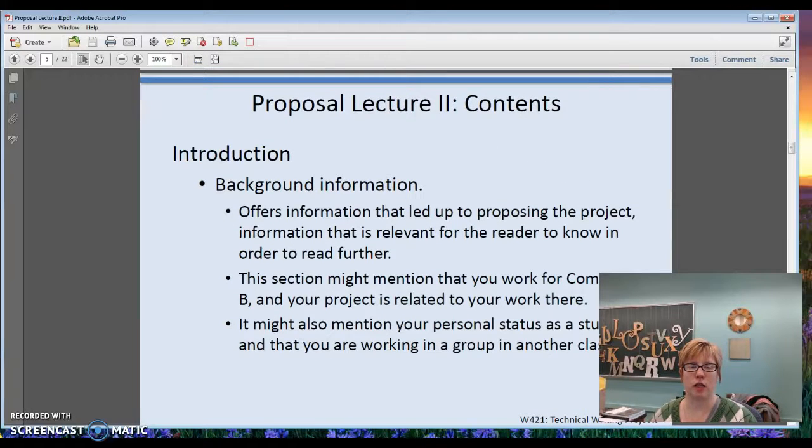Okay, so then background information is something that a lot of you probably are going to include, because this is the section that gives your reader a sense of how you came to this project. What are some pieces of information that give context to why you are doing this project now? So you could say, for example, this is my senior design project, and I'm working with so-and-so and such company to do blah, blah, blah, okay?